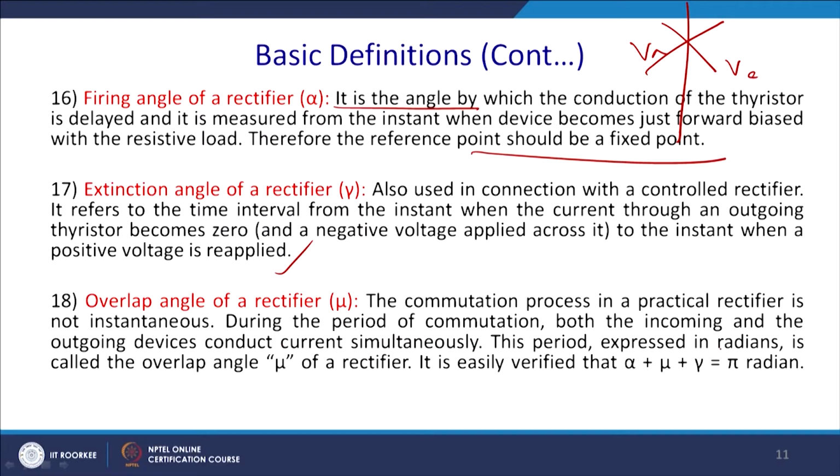This period, expressed in radians (all angles are expressed in radians), is called the overlapping angle of the rectifier. It is easily verified that alpha plus mu plus the extinction angle should be equal to the total half cycle of the period, that is pi. Generally, mu will be larger if there is a huge source inductance.